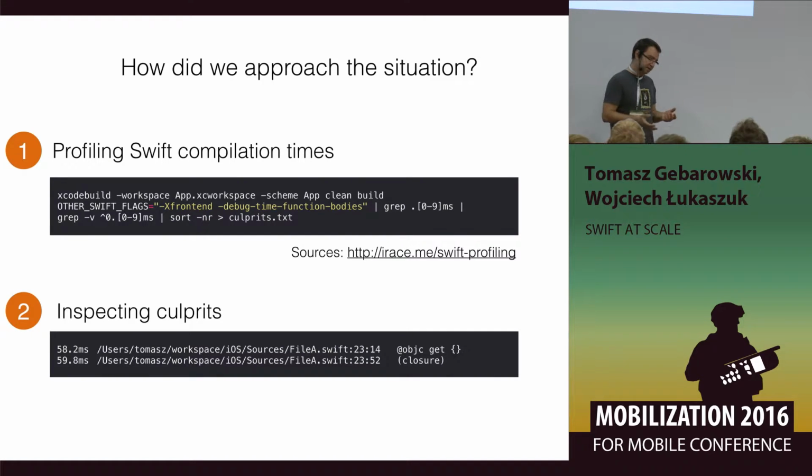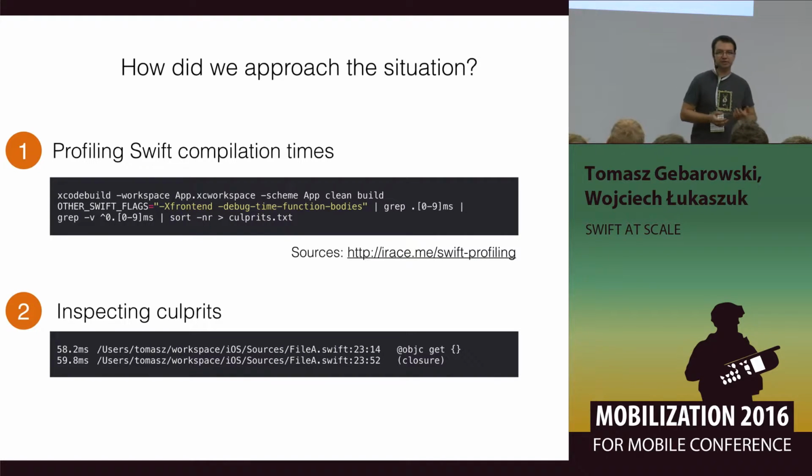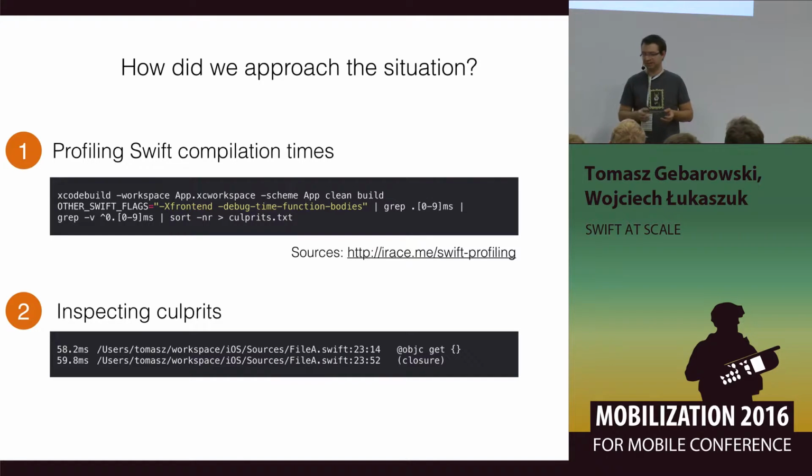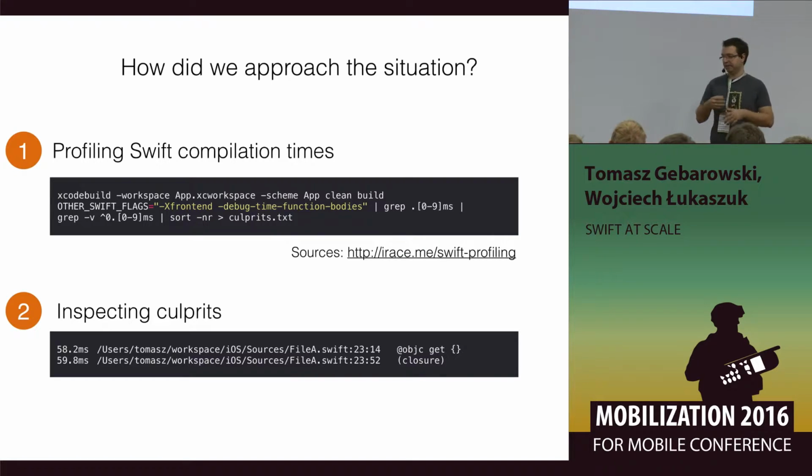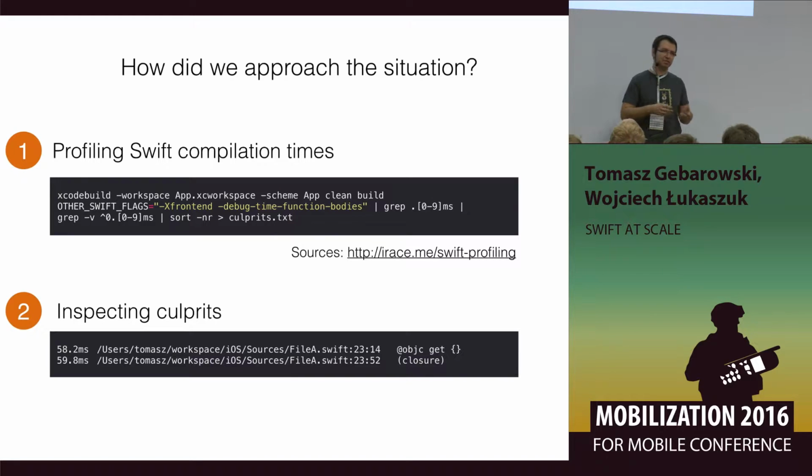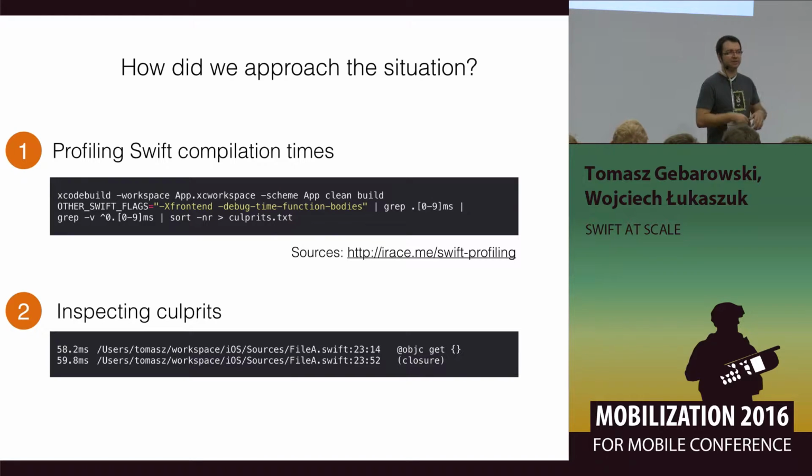So in the beginning, to make the improvement, we were trying to follow some of the tweets that were popular. People were complaining about some functions that took more time to compile. And there was a blog post where they published a script that was gathering those culprits to find the functions that were compiling a bit longer.